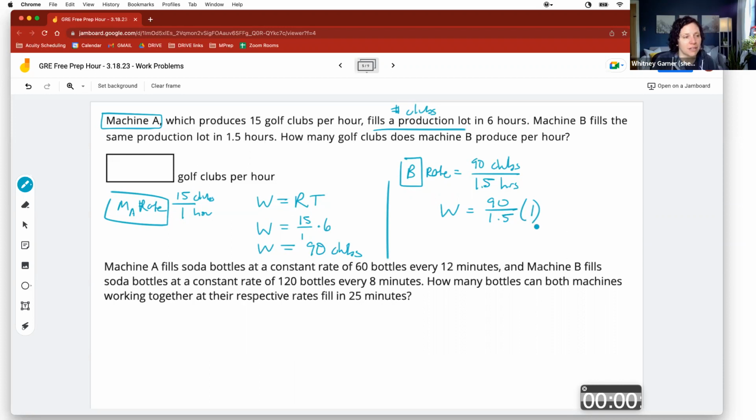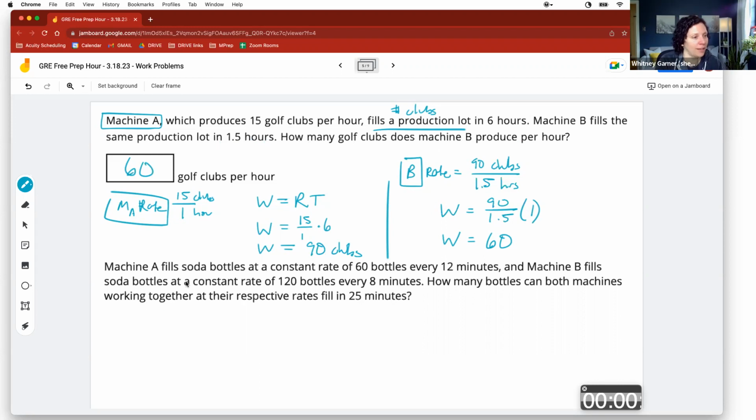So for a single move like this, I might do the same math again, just plug it into my calculator. And so if you did, you'd get 90 divided by 1.5, which is 60, which should make sense to you because it takes machine B longer to fill a production lot. And so in 1 hour, they would produce fewer. So 60 for the first one.